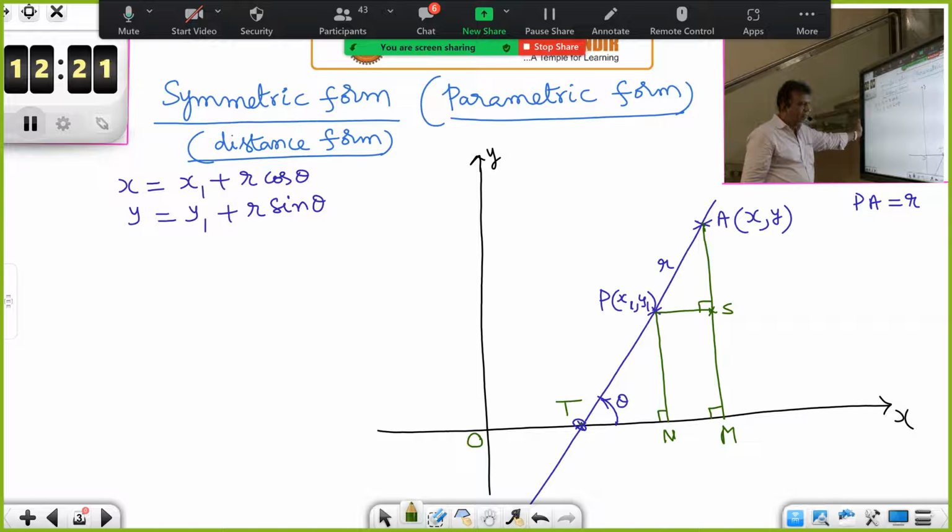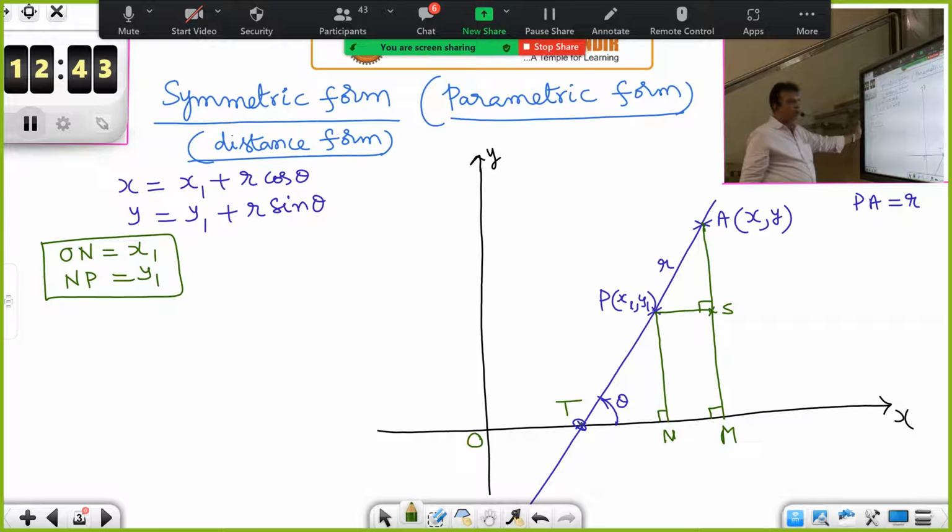Yes, sir. Therefore, ON is equal to what? NP is equal to what? Sir, ON is equal to x1, sir. NP is equal to y1, sir. y1. Okay.